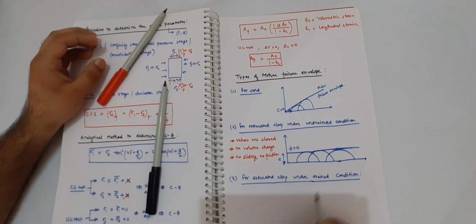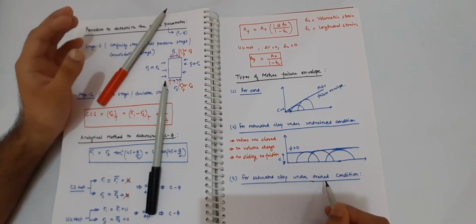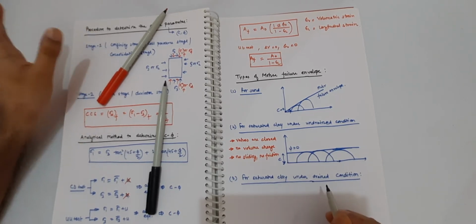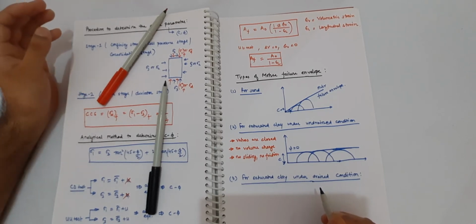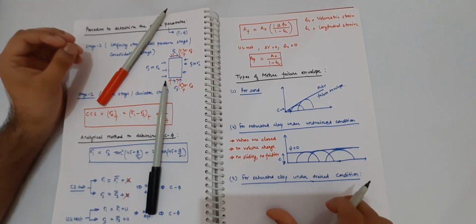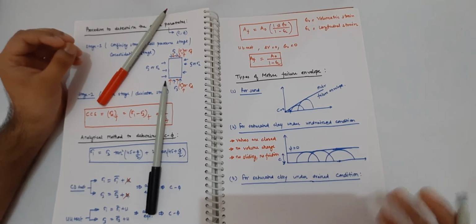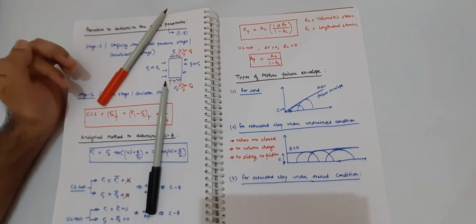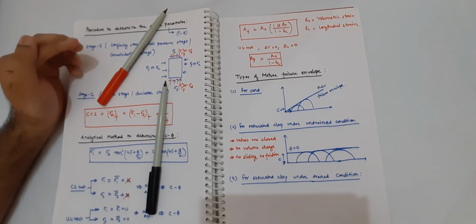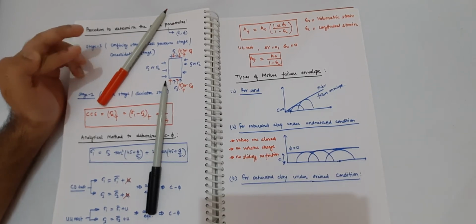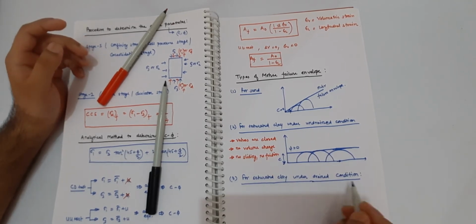The same situation we find for sand, either for the short term or for the long term. So the Mohr failure envelope we get is the same as that of sand, with zero cohesion and only internal angular friction. Remember this for saturated clay under drained condition.